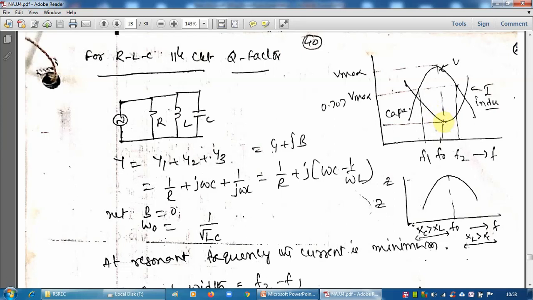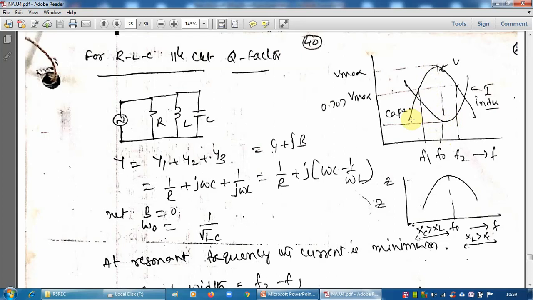Theoretically, only this is the resonance point, but for practical purposes, we take not just a single value but some range like this. This range is taken as the useful range or useful band of frequencies, the resonance band. This range is called bandwidth.